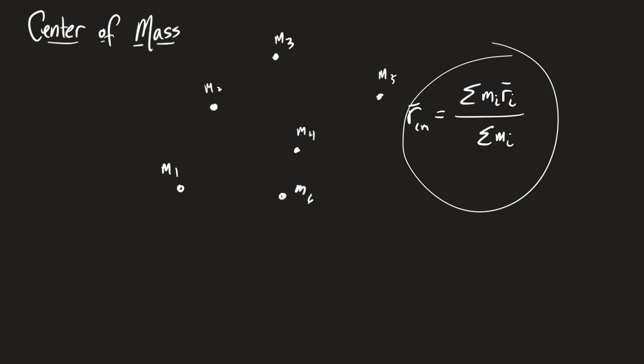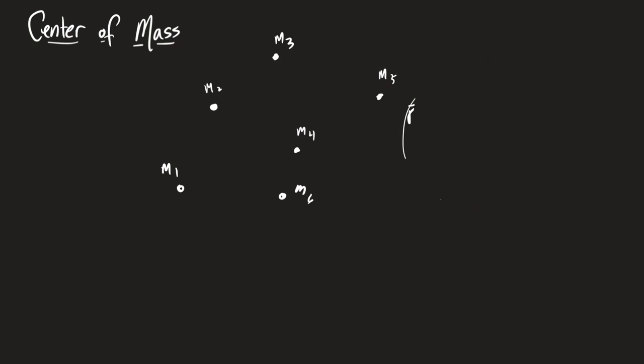The way we actually do it is we do it as a series of one-dimensional calculations, meaning we will calculate the x location of the center of mass as separate and distinct from the y location of the center of mass.